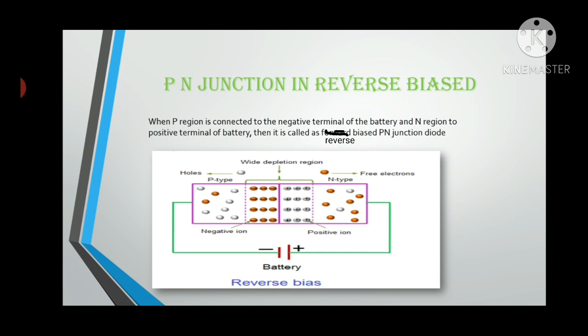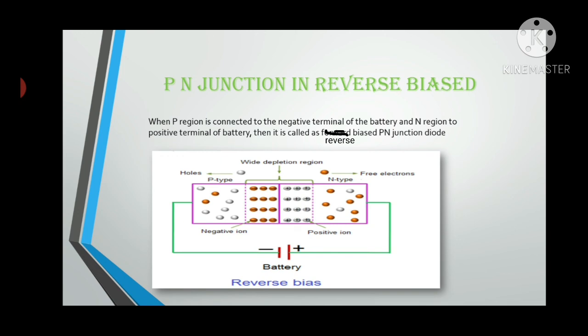Since we know that unlike charges attract each other, all the positive charge carriers in the P type, that is, the holes, will go to the negative terminal, because the negative terminal of the battery attracts them, and therefore no holes can be present in the P type.